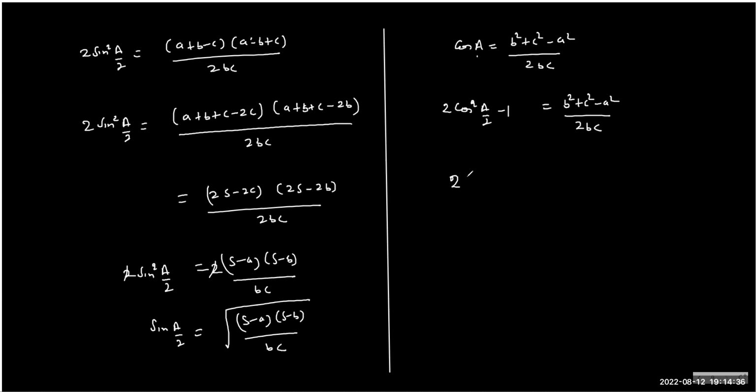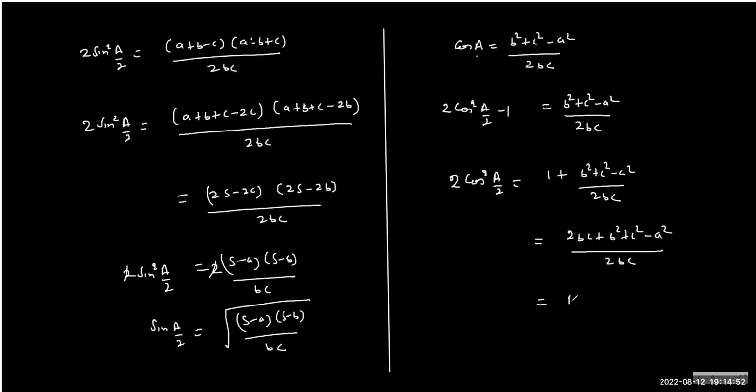And then you can do the same method. 2cos²(A/2) equals 1 plus (B square plus C square minus A square) by 2BC, which is (2BC plus B square plus C square minus A square) upon 2BC, and this is (B plus C) whole square minus A square by 2BC, which is (B plus C plus A) into (B plus C minus A) by 2BC. I hope you are getting it.